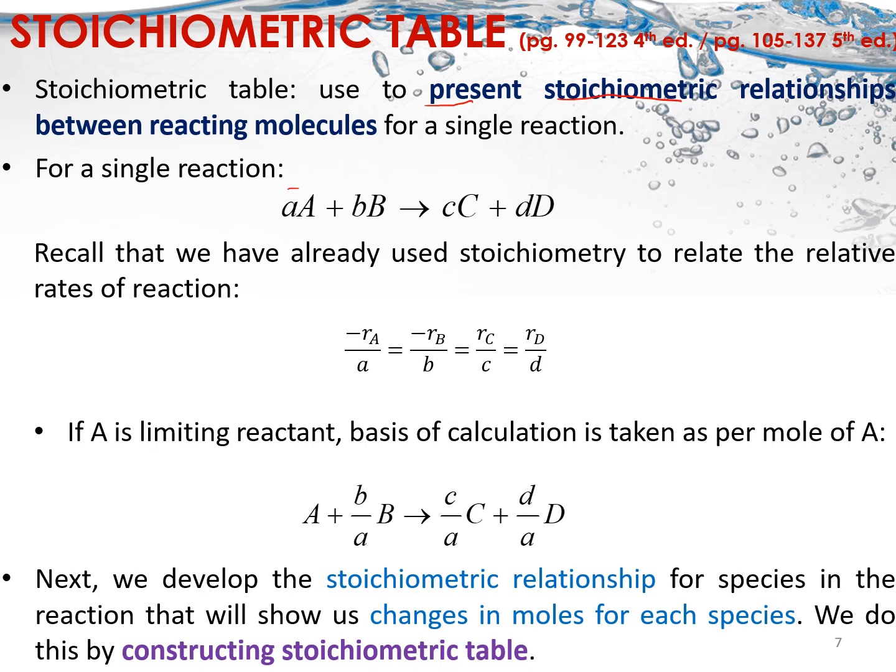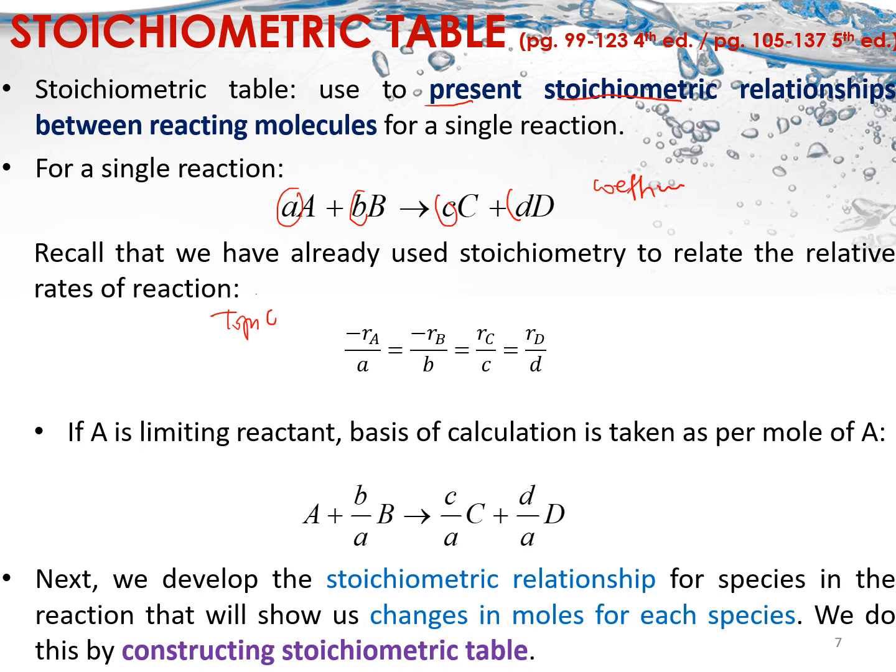The small letters here refer to the stoichiometric coefficients. Recall from topic number 1 that negative rA over a is equal to negative rB over b is equal to rC over c is equal to rD over d. This is how you relate all the molecules involved in the single reaction.